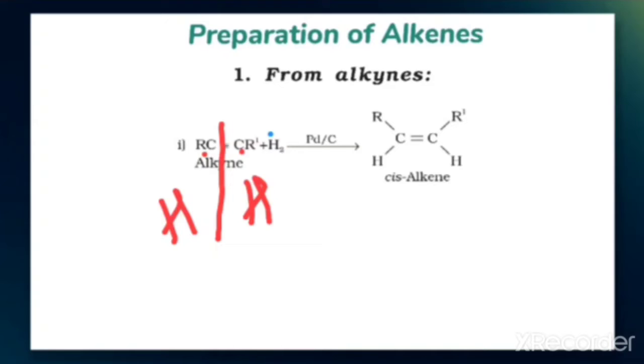Now from the triple bond, one bond breaks, so one double bond is there. How much bond do you have to make between those two carbons? The double bond is to be made, and you can see that the hydrogen gets added here.